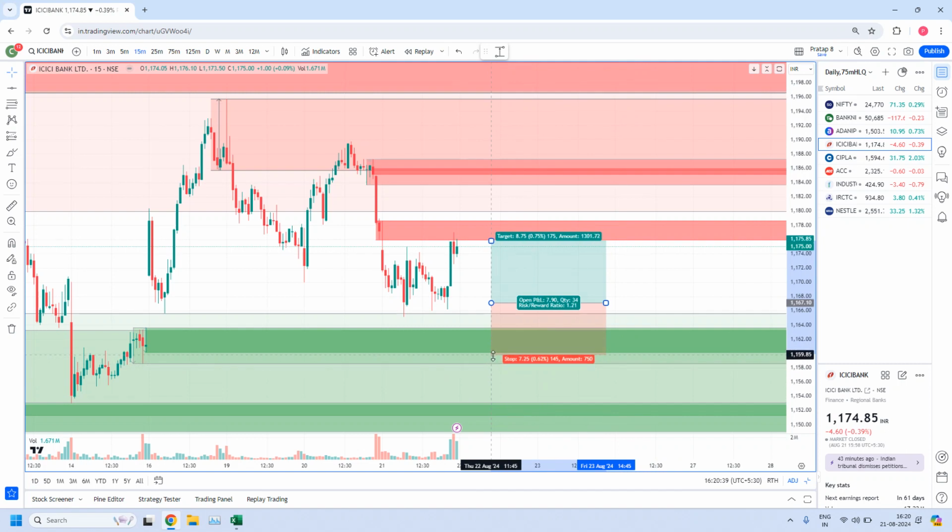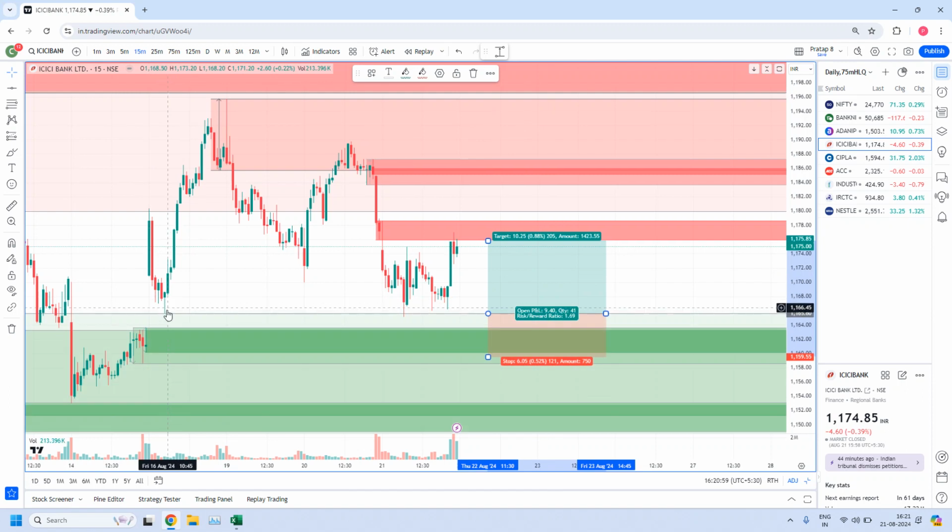Let us assume timing, some stop loss I am keeping, a rough approximate value, and your entry is here. The low of this candle, just a little below the low of this candle, is your entry.